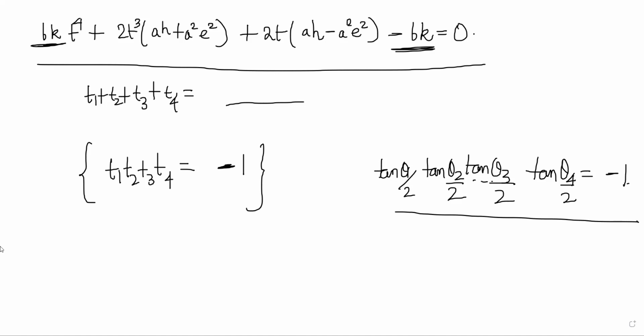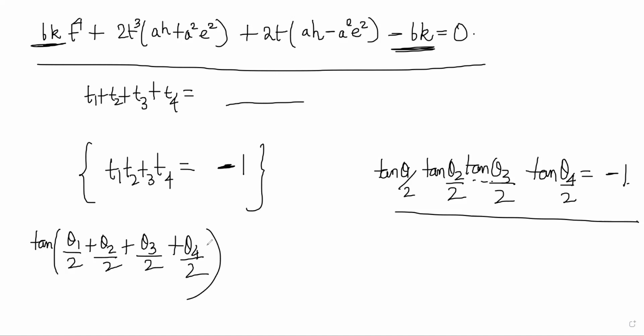Now, in trigonometry we had seen tan of multiple angles. If I have to find tan of A plus B plus C plus D, I would do S1 minus S3 by 1 minus S2 plus S4.